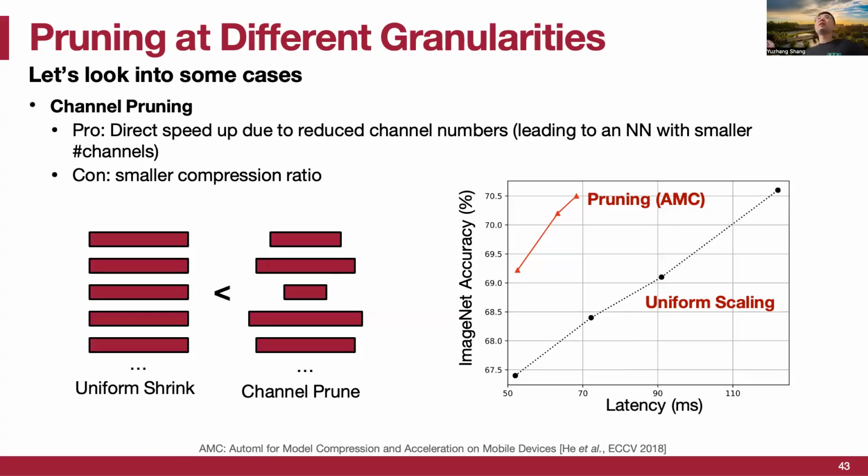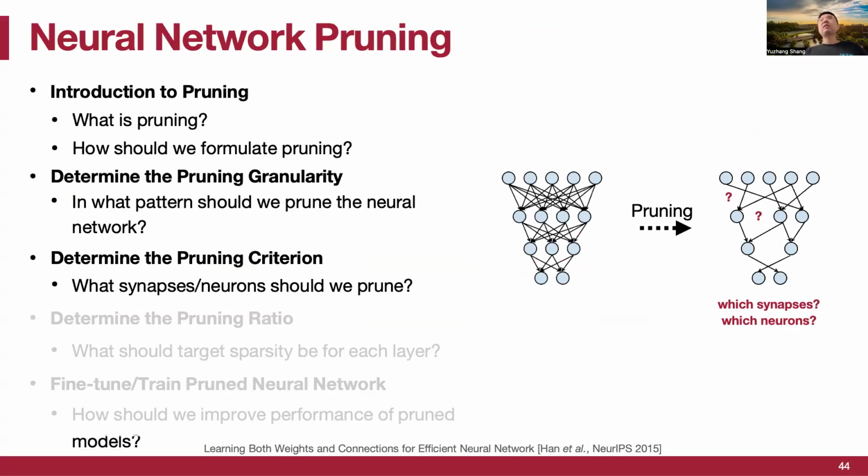We have talked about what pruning pattern we can use, which is granularity, and another thing in the pruning algorithm is the pruning criteria. We need to get the idea for the algorithms of which part and which weight should be pruned, right?